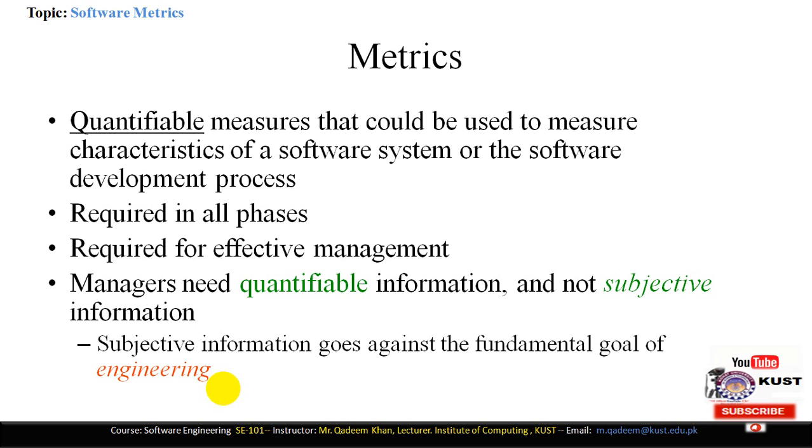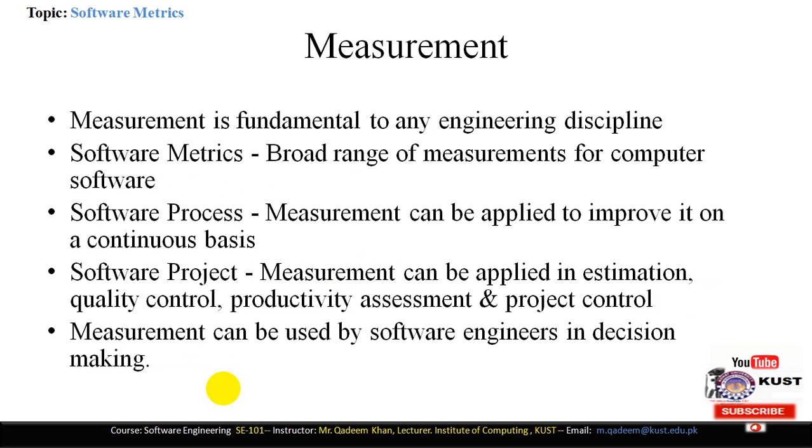But we can say that today is a very hot season, or that the temperature is very low or it's very cold. These are subjective information. These are not quantifiable information. But in engineering, subjective information cannot be used. We should use quantifiable information to make decisions.